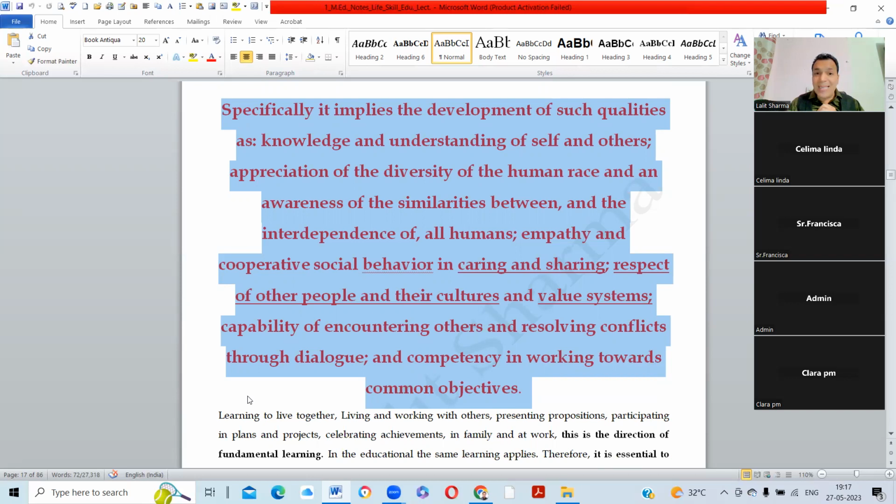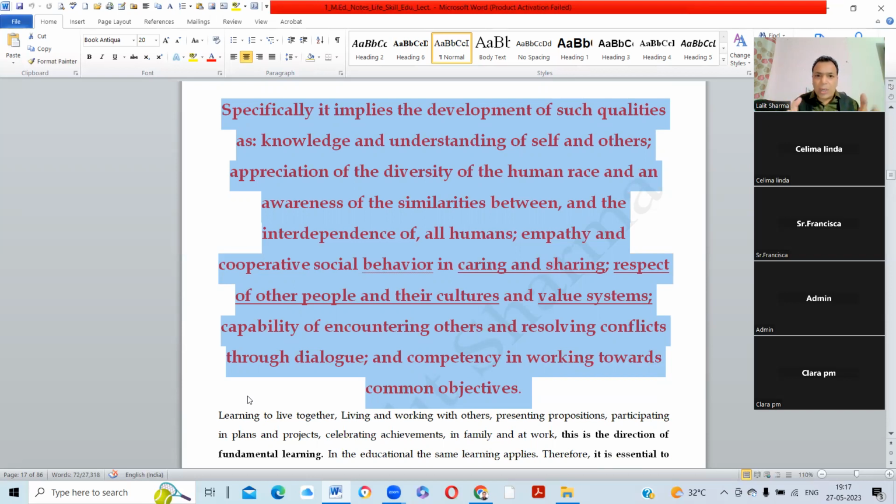Specifically, it implies the development of such qualities: knowledge and understanding of self and others. Guys, we don't have to create competition in the class, saying this student has got so many marks, that one has got so many marks, okay? We have to develop cooperation.